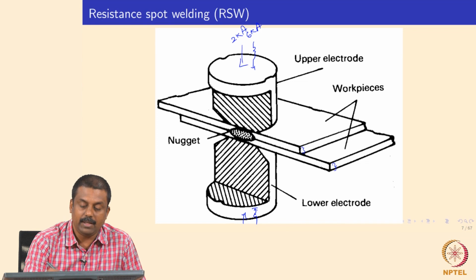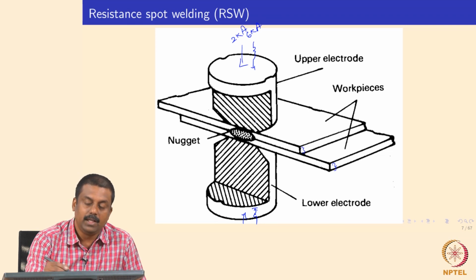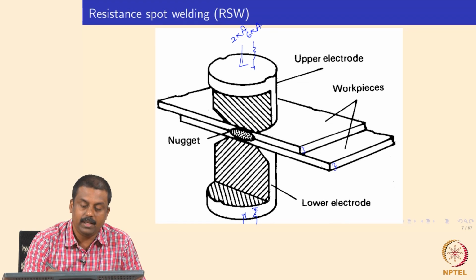That means you will also locally change the contact resistance, because contact resistance is determined by the surface morphology and the air gap between the sheets. So the actual contact resistance can also be varied by the load you apply through the electrodes. Okay, so both the current as well as the load you apply can determine your nugget formation.